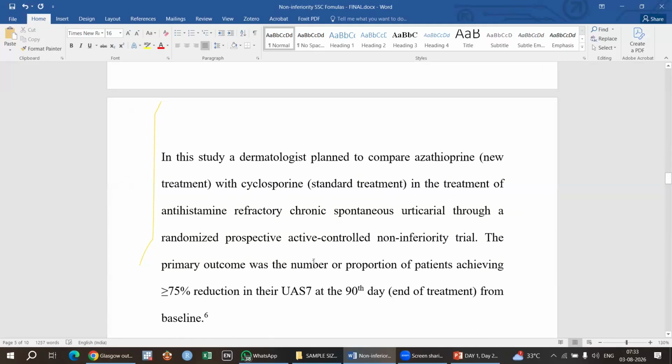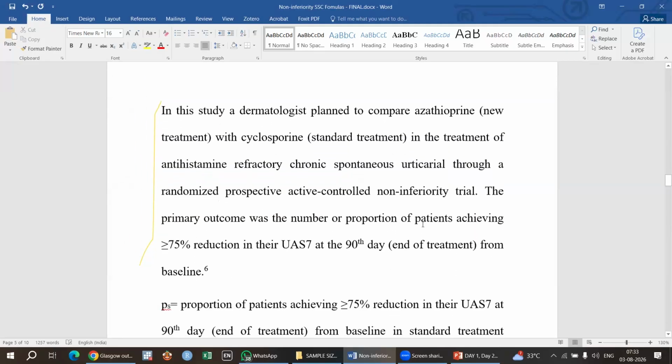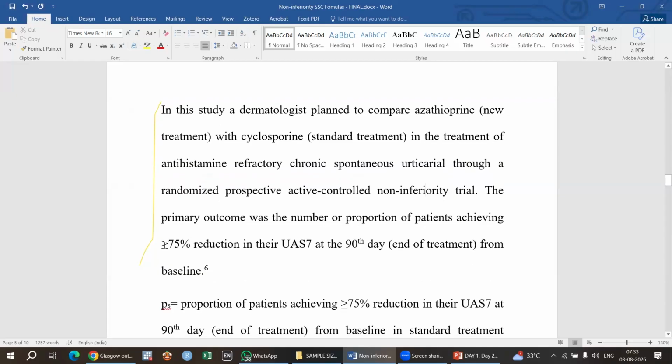The primary outcome was the number or proportion of patients achieving greater than 75% reduction in this UAS7. There is a scale. How many patients achieved this much reduction?